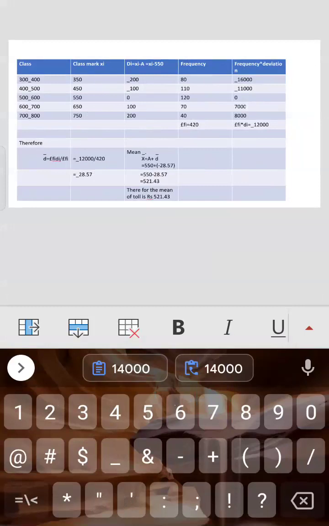The frequency of the fifth class is 40, therefore 200 into 40 is 8000.